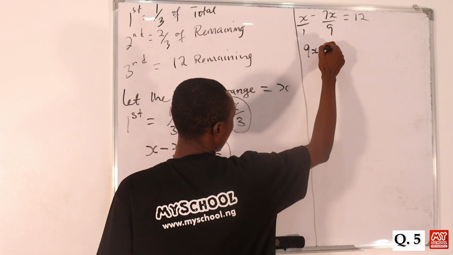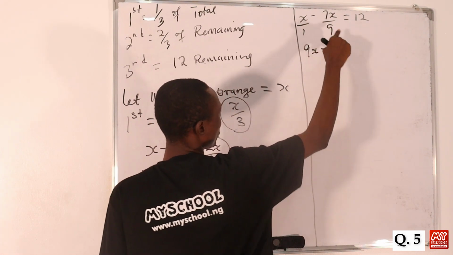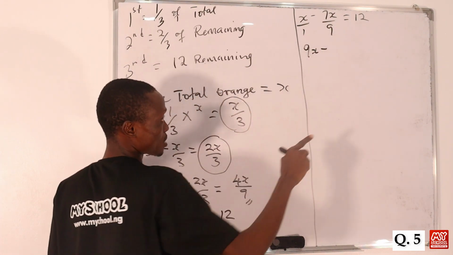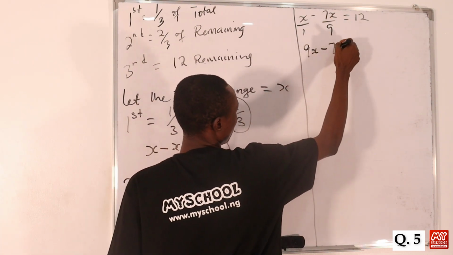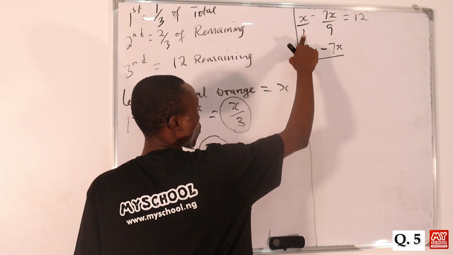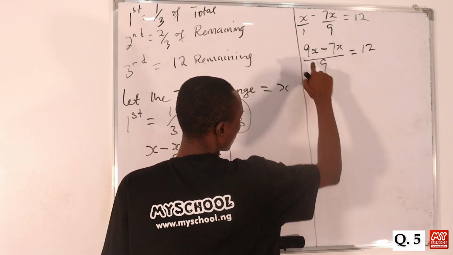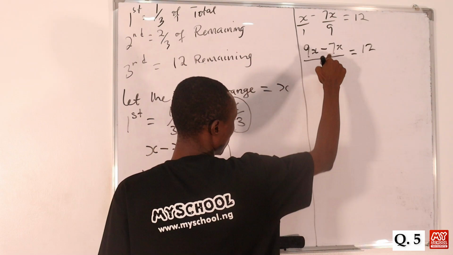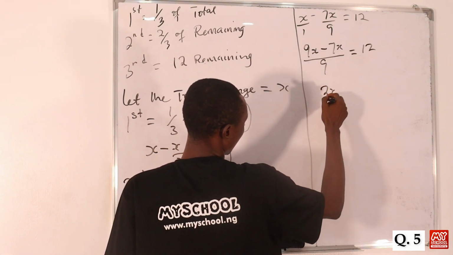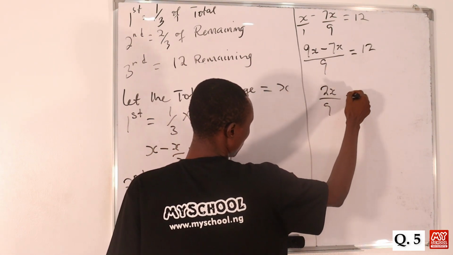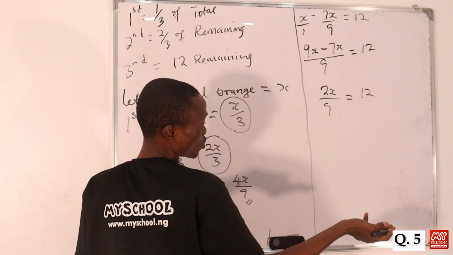Then minus, 9 into 9 is 1, and 1 times 7x gives us 7x all over the LCM, which is 9. And this is equal to 12. If we simplify the numerator, we'll have 2x all over 9, and this will be equal to 12. So we can just cross multiply.